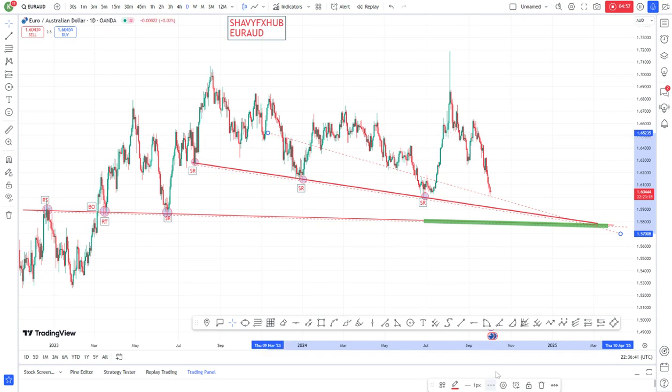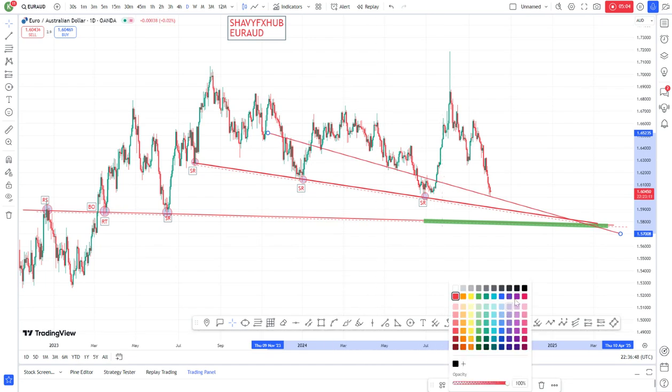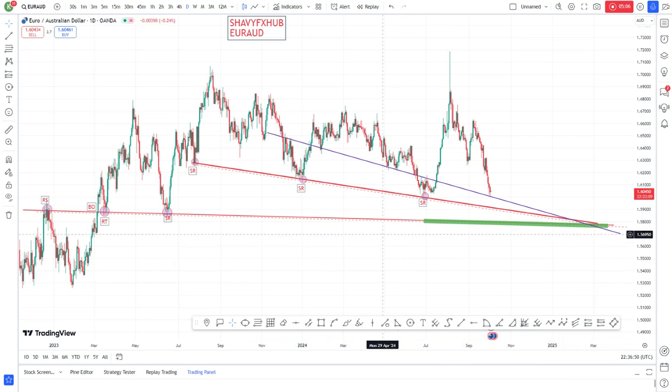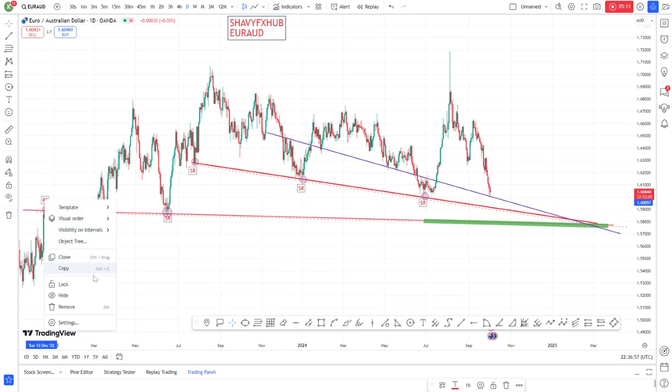So what did we find? I'm going to label it purple. I love purple. So we have an SR level.